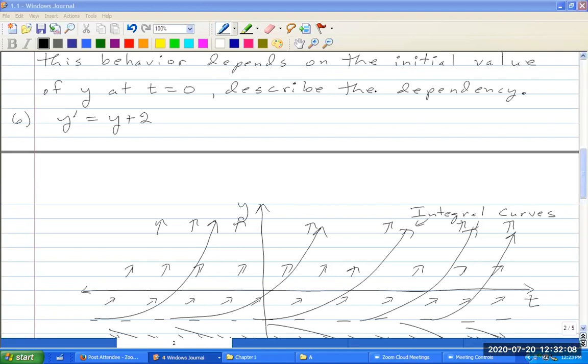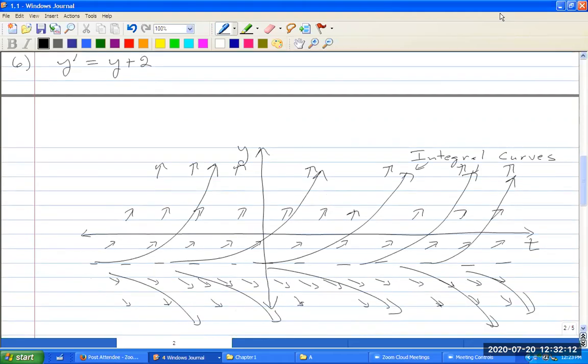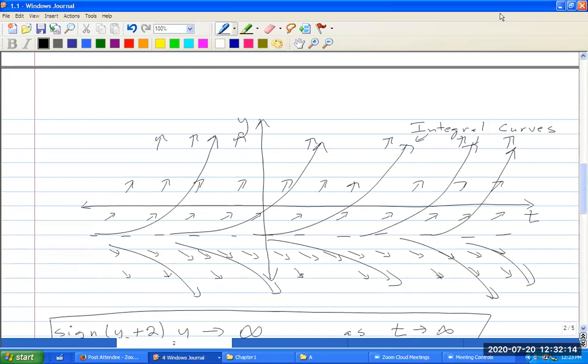Okay, so let's say we're here at 0. If I was here at 0, then the slope would always be 2, because y plus 2 is always going to equal 2.